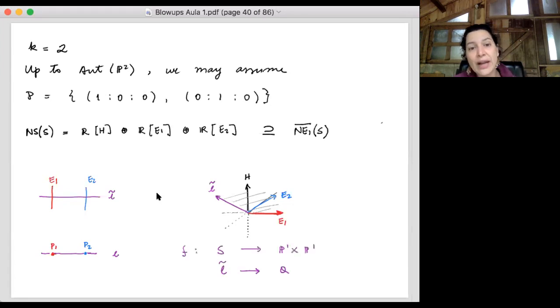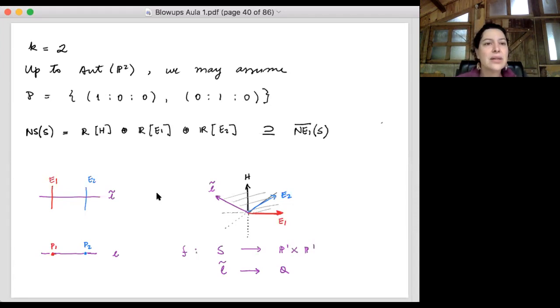And if I contract the extremal ray generated by L tilde, then what we get is a morphism to P1 cross P1. So this is again the classical statement that the quadric P1 cross P1 blown up at 1 point is isomorphic to P2 blown up at 2 points.